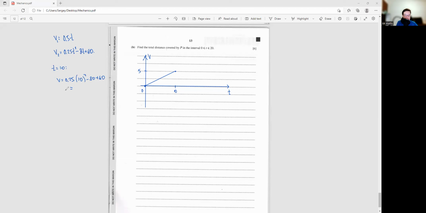Okay, and indeed, that is 5. Okay, so now we can draw our quadratic function, but the only problem, we don't really know where it's going to intersect the t-axis. Let's find it out.